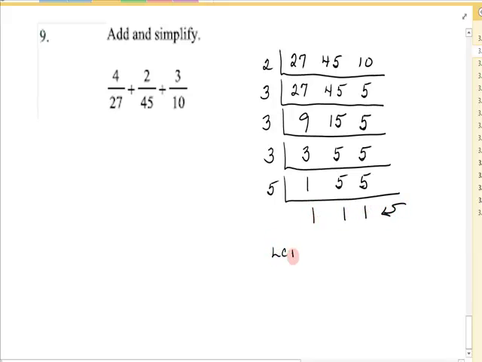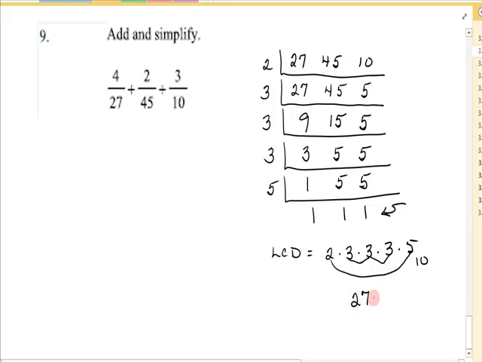The least common denominator, least common multiple, is 2 times 3 times 3 times 3 times 5, which looks like a pretty big number. Here's what I'm going to do to make my multiplication easier. I'm going to multiply 2 times 5 for 10. And then 3 times 3 is 9, times 3 is 27.